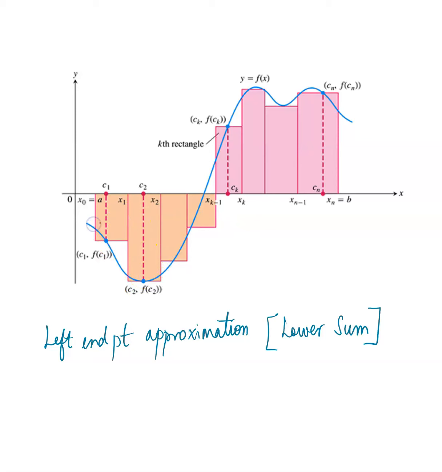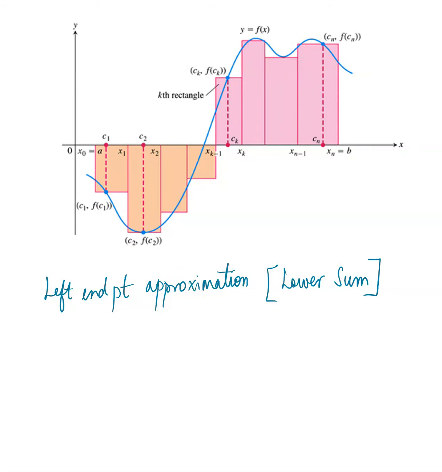So let me not clutter that. If the left endpoints are considered, then we would be looking at the rectangle with x0 as the left hand point, x1 as the left hand point, assuming that you shifted your rectangles to stay under the curve. So our intervals would be x0 to x1, x1 to x2, etc., xn minus 1 to xn.